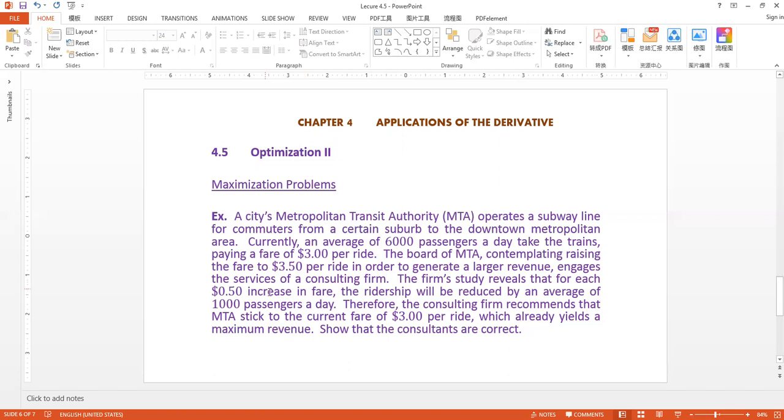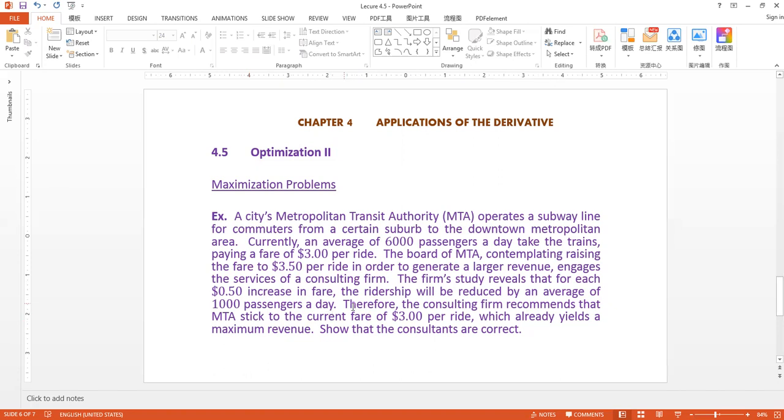So if you increase the price of the subway, the passengers will drop down. And then after some study, the consulting firm recommends that MTA stick to the current fare of $3 per ride, which already yields maximum revenue.